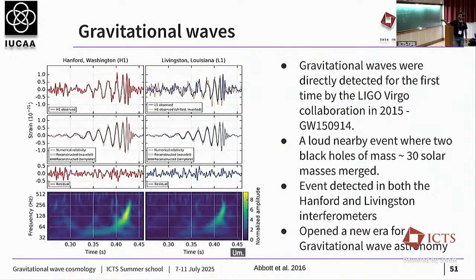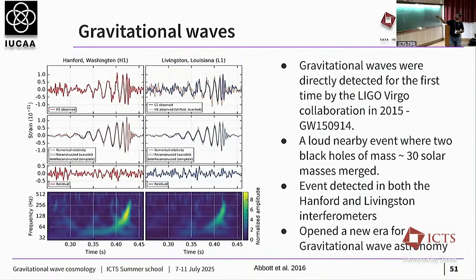They sent out this kind of data. This is done using interferometric measurements. What you're seeing is the strain on the y-axis and the time on the x-axis. And you start to see this very distinct feature in the strain as a function of time.